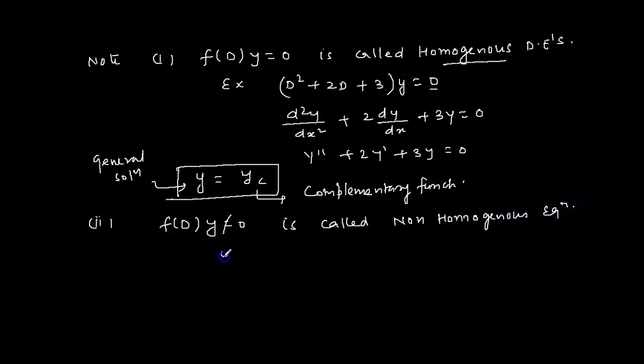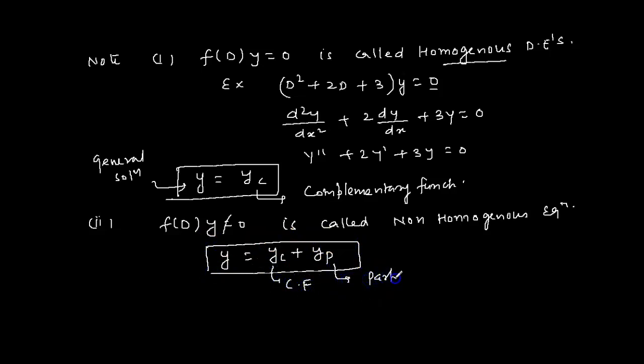That time we have to find the general solution y is equal to yc plus yp, where yc is the complementary function and yp is called the particular integral, and this y is the general solution.